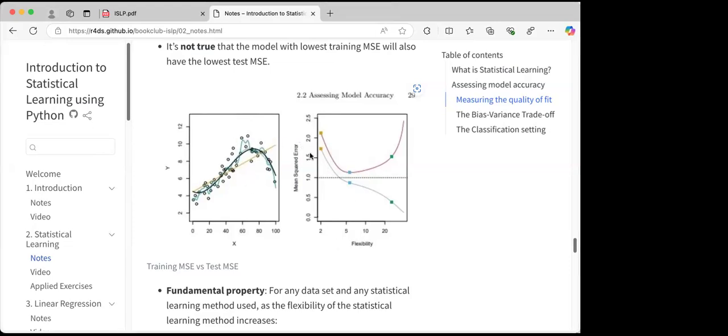And then here we see the estimated mean squared error. The orange, the blue and the green squares are the calculated MSEs, the mean squared errors from these fits. The gray curve is the training MSE, which we are not interested in, but it is there for the purpose of illustration.